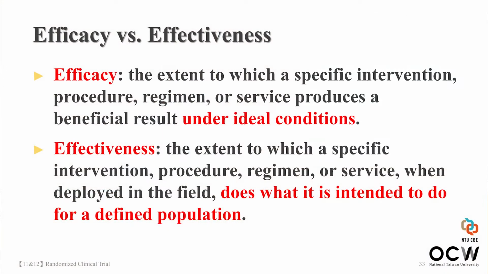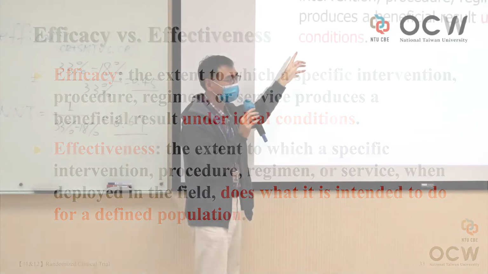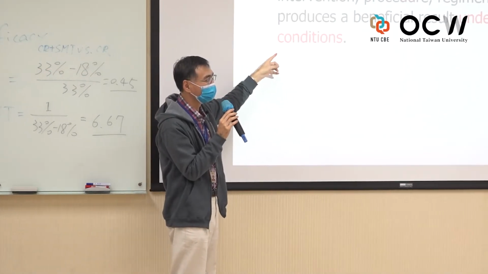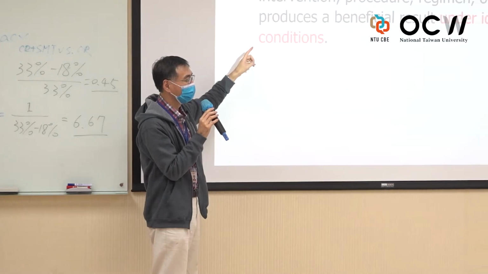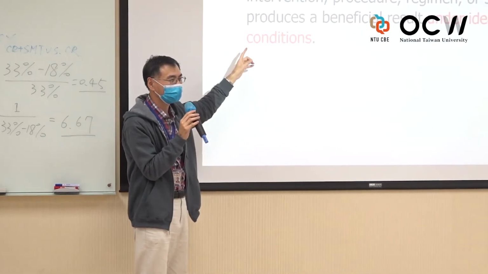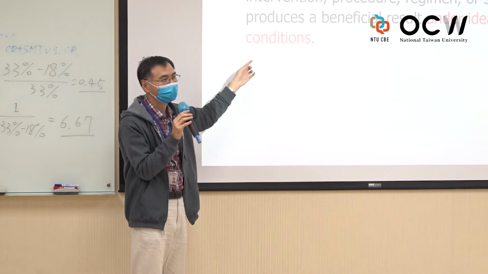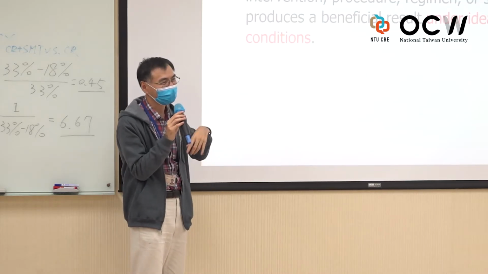Efficacy means the extent to which a specific intervention, procedure, regimen, or service produces a beneficial result under ideal conditions. So this is something you could find with a perfectly conducted randomized controlled trial. No one running in, no one running out. No one dropping in, no one dropping out.